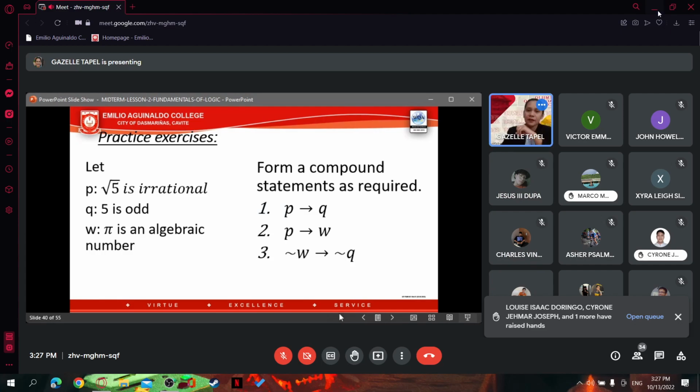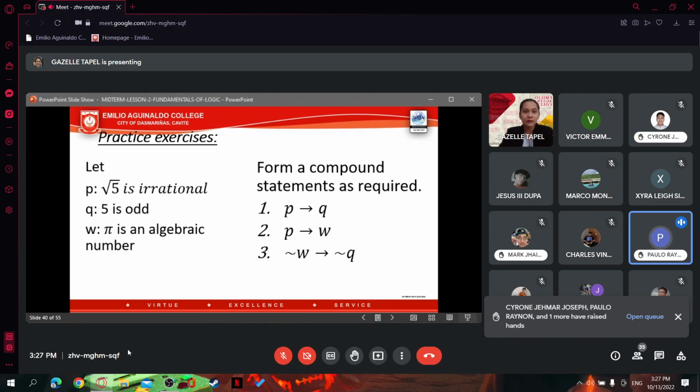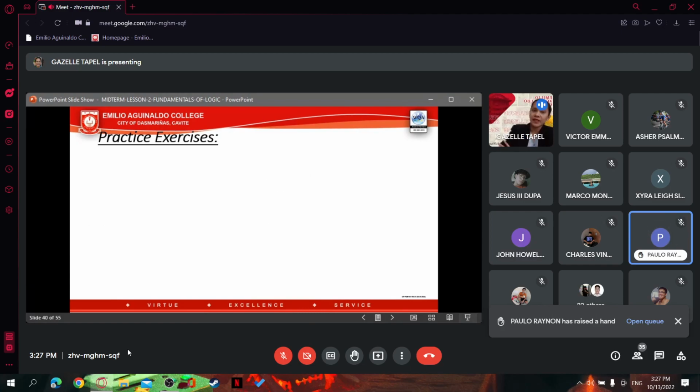Last, if not W, then not Q. If not W, then not Q. Another hand? Okay, Paulo. If pi is not an algebraic number, then square root of 5 is not irrational. Very good. Next.